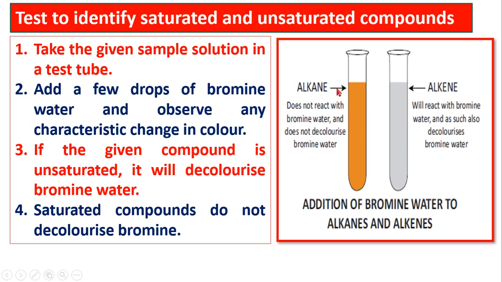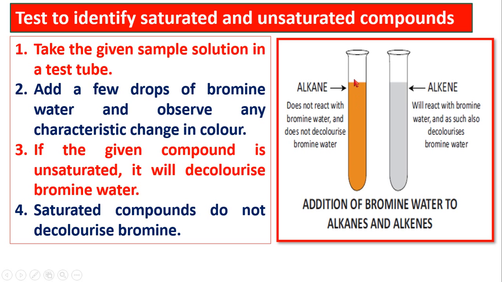So take a given solution in a test tube and add a few drops of bromine water. The color of bromine is purple. This is bromine water. You pour the bromine water and observe the changes of color.